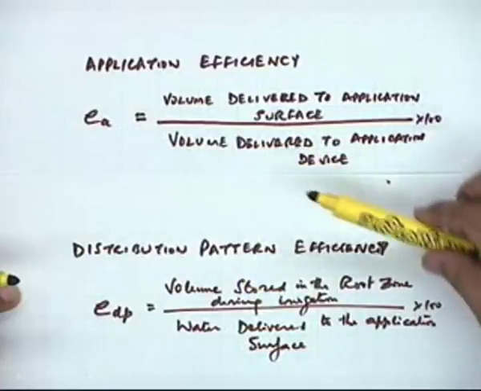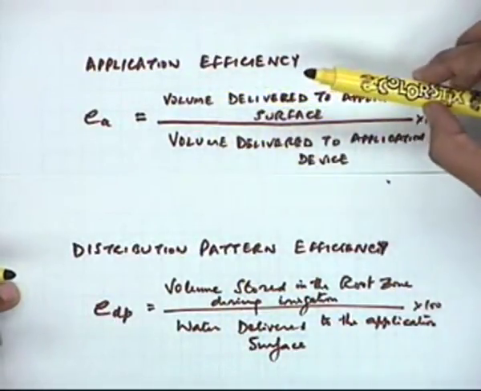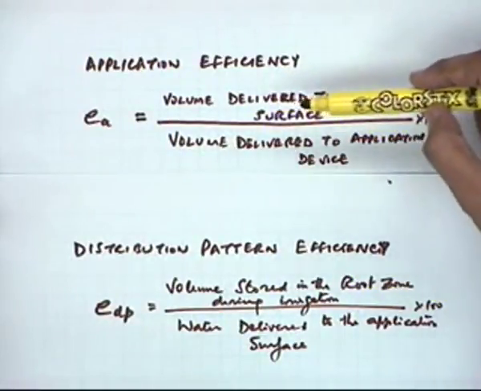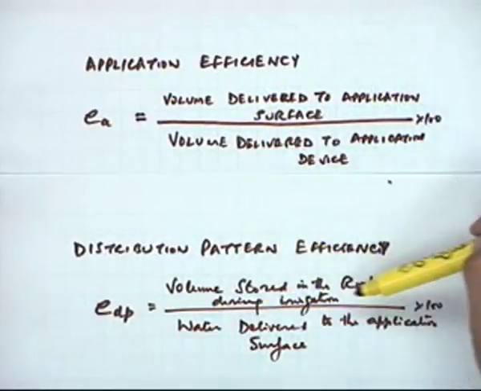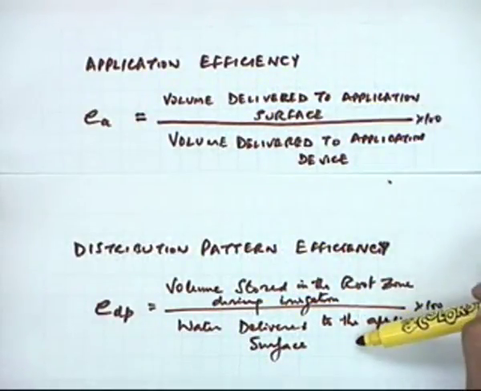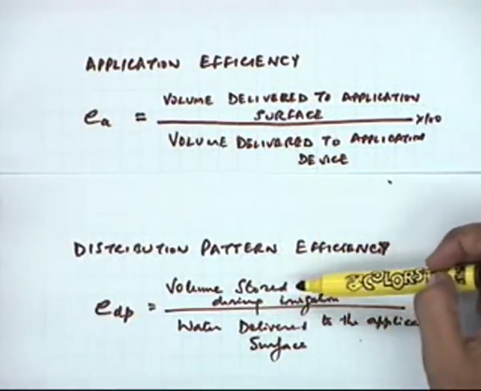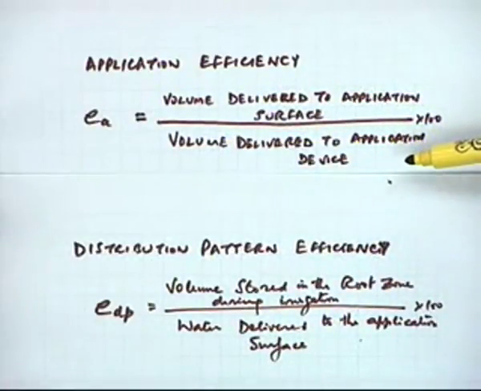Okay. But in general, if you club the two, still you will be getting only the overall application efficiency, and that will be the ratio of the volume stored in the root zone to the volume delivered to the application device, because the middle terms cancel out.